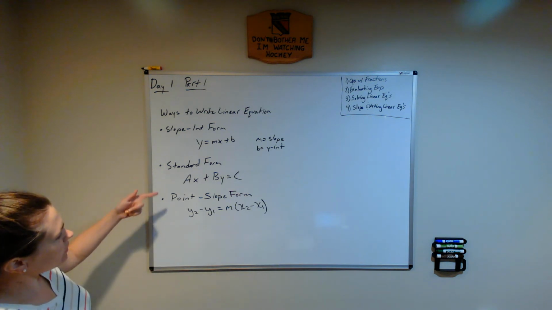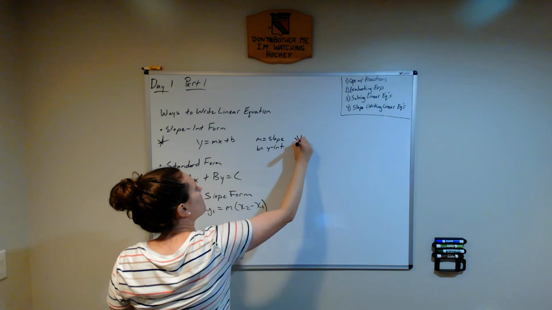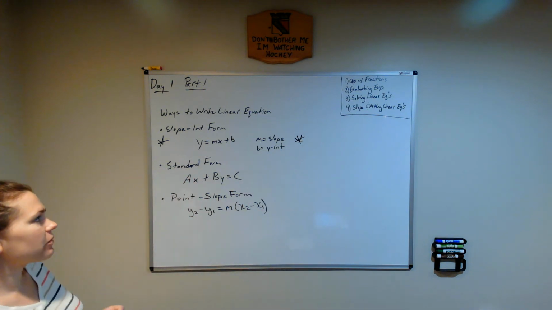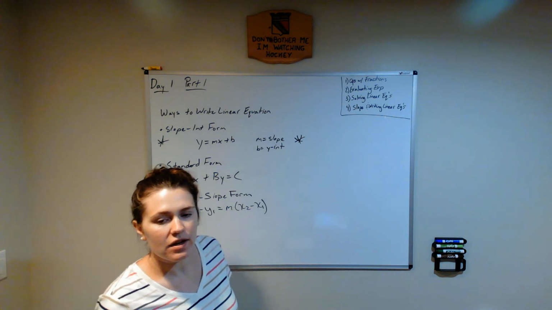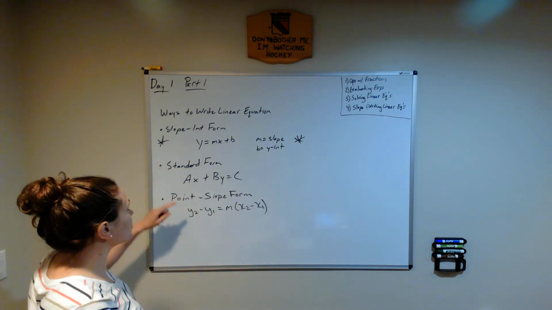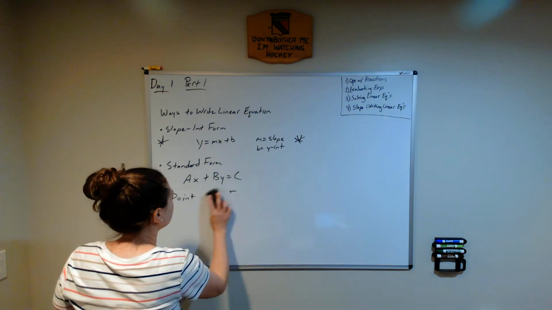But that's another way that you could write it. But what we're going to work with when we write linear equations is slope-intercept form, y equals mx plus b, because it's probably going to be the most efficient way to get through each of these problems. So we're going to work with slope-intercept form. Okay?